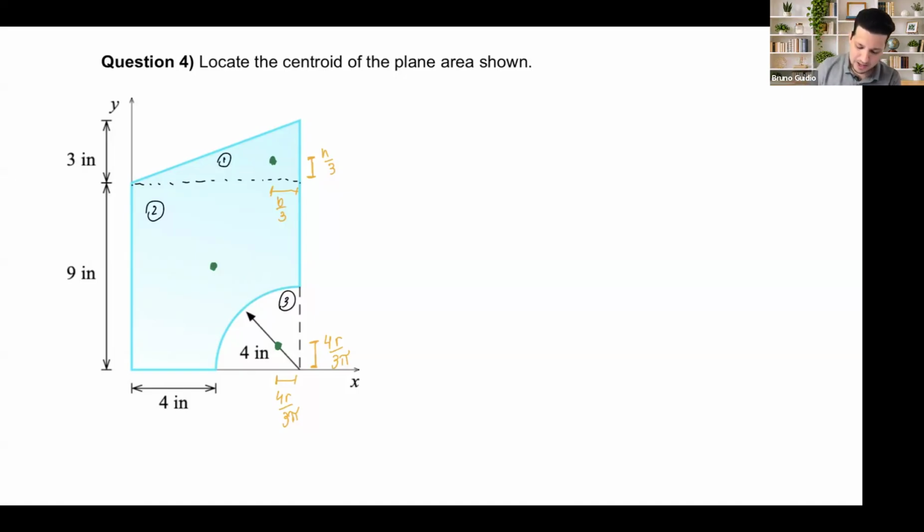With that, let's make the table. Shape number 1, this triangle.